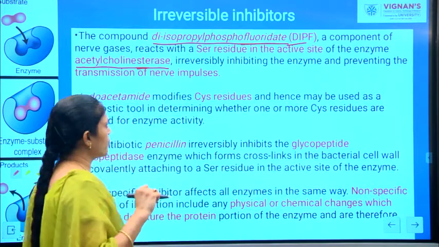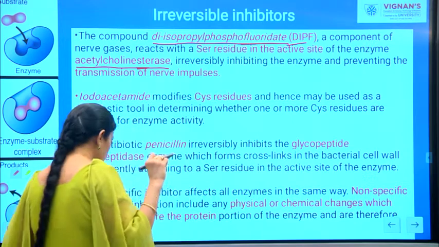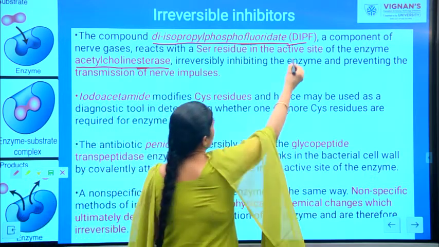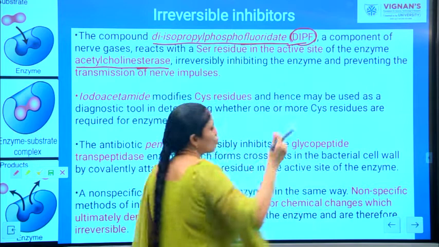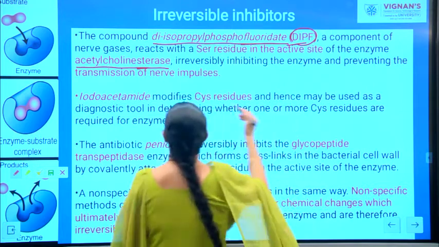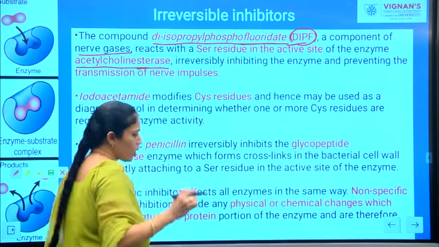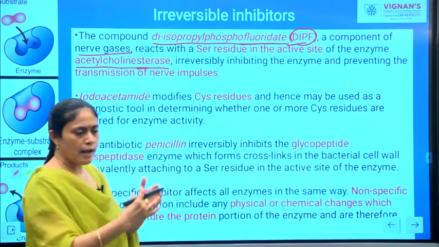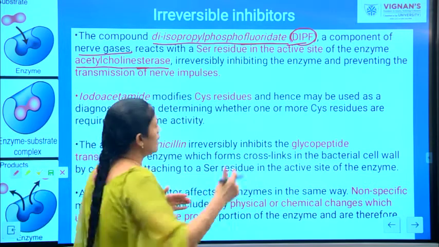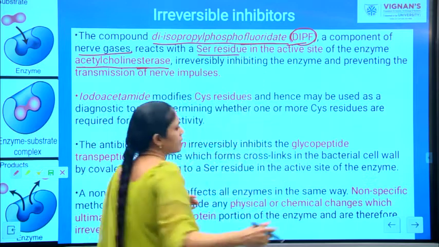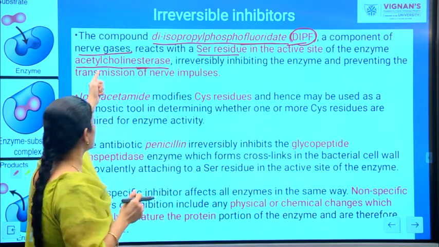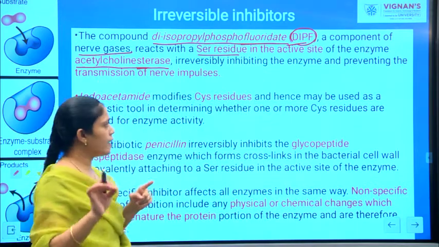How is it going to affect it? This DIPF is a component of your nerve gas. What it is doing is going and binding with the serine residue that is present in the active site of the enzyme, which is nothing but your acetylcholine esterase.